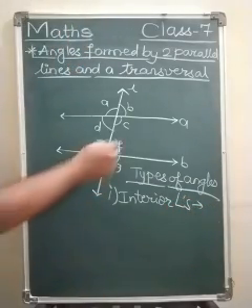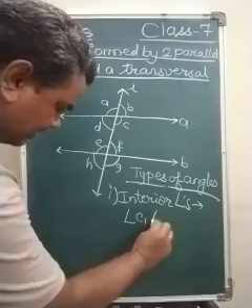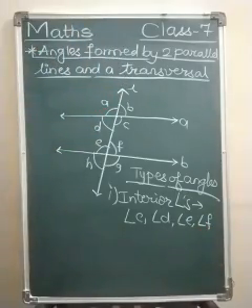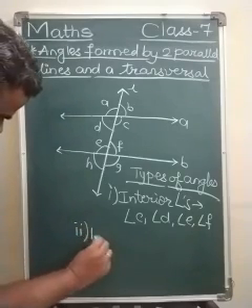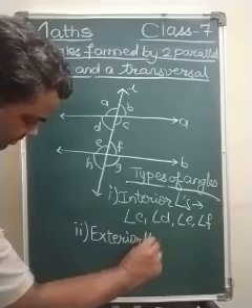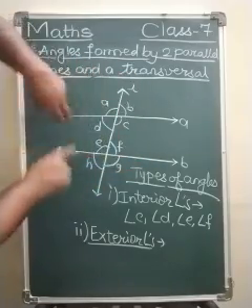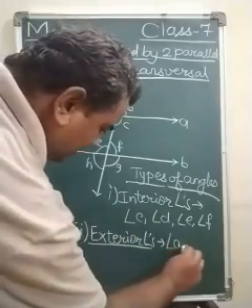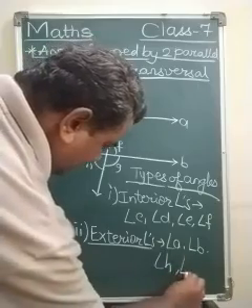Angle C, angle D, angle E and angle F. Second type of angles, exterior angles. Understood why these are interior angles? Because these are between the two parallel lines and these angles are outside the parallel lines. Exterior angles, angle A, angle B, angle H and angle G.